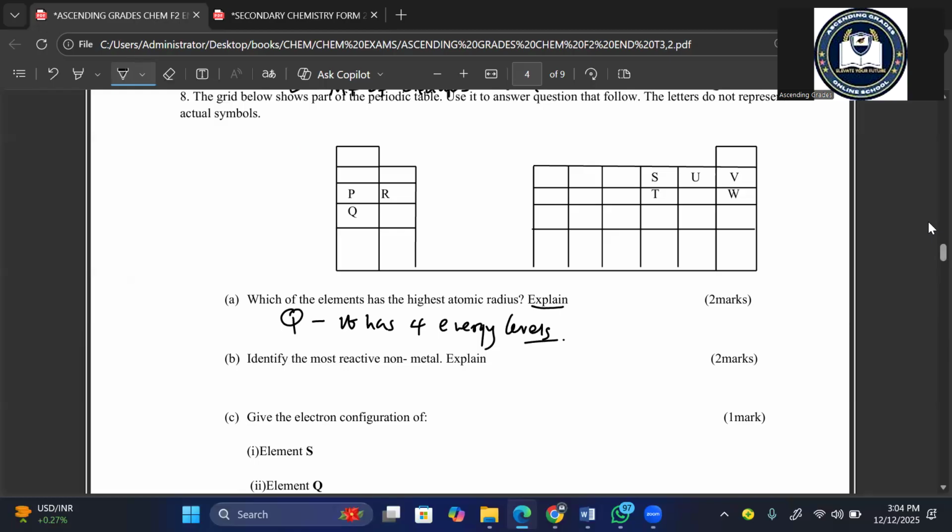Identify the most reactive nonmetal, and you are supposed to explain. This must be from group 7, and it is U. This one, group 7, has the very high capacity of gaining electrons to acquire stability.